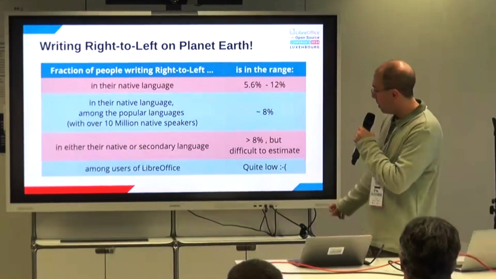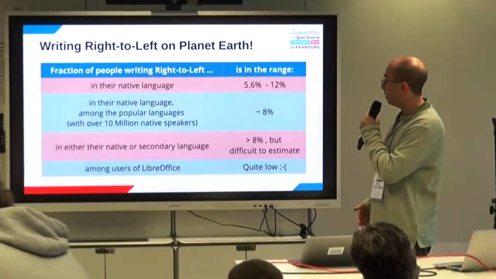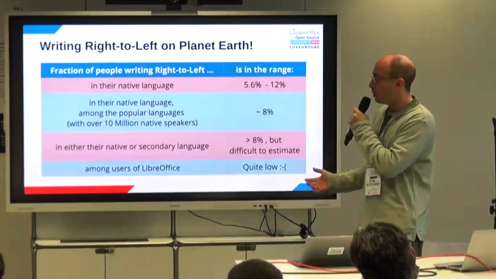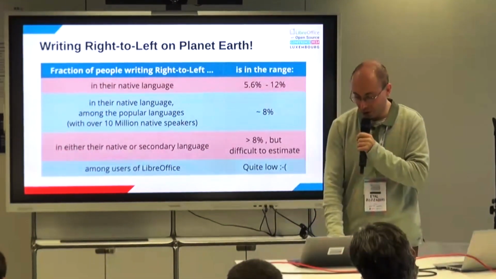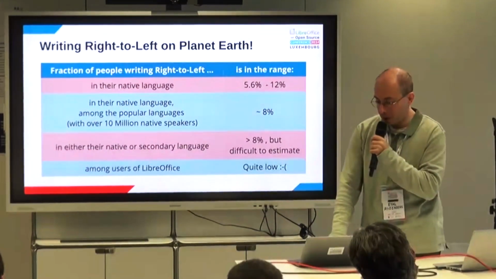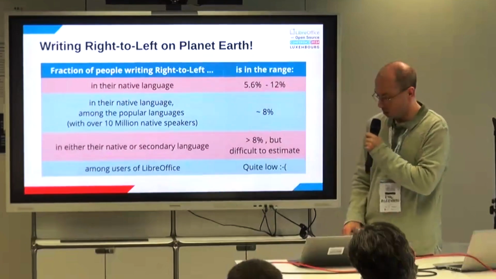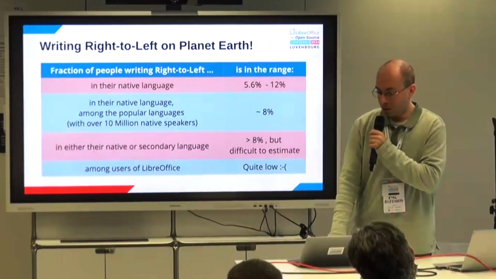But the statistic we care about the most here, in contrast with the rest, and I don't have the number here, is that we have a very low percentage of LibreOffice users who use right-to-left script relative to the number of users overall, and how many people in the world use right-to-left. So this is an ongoing problem.